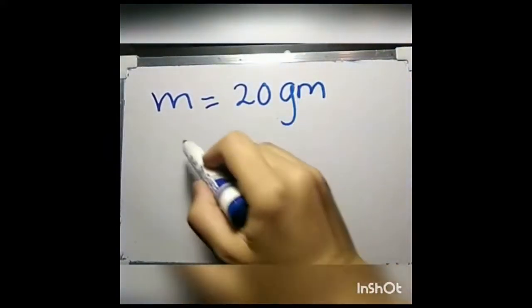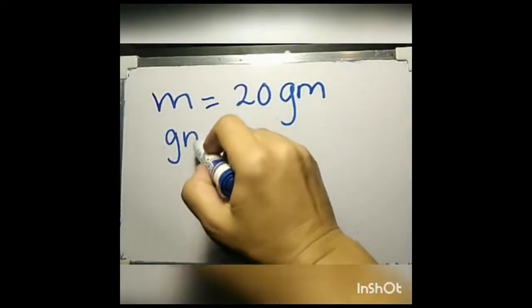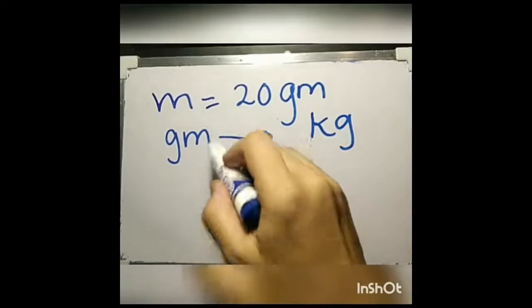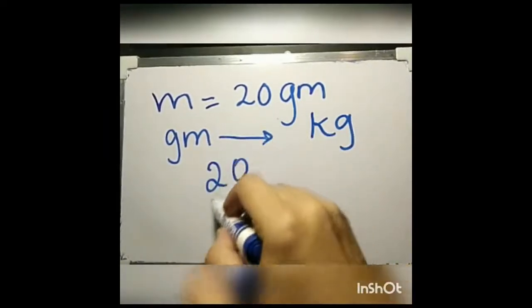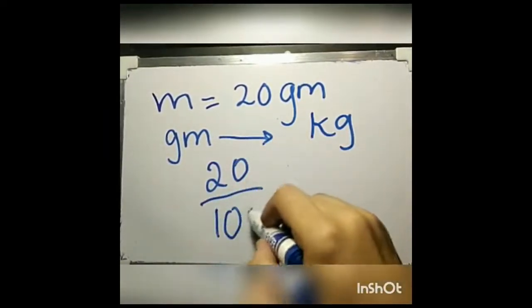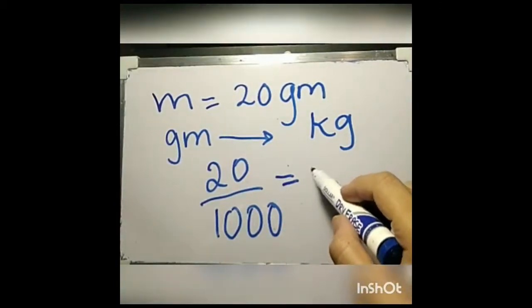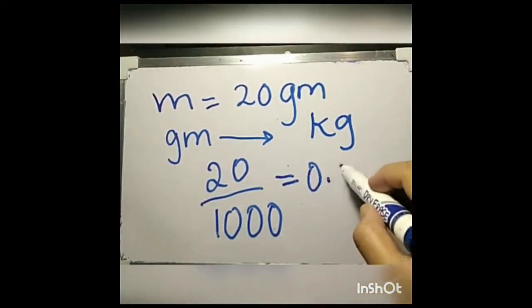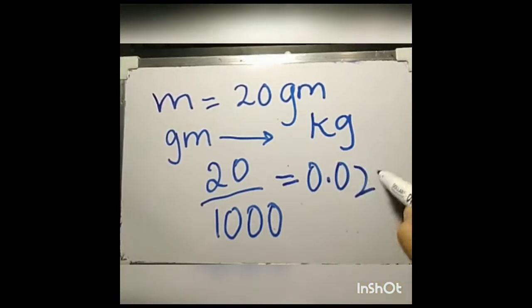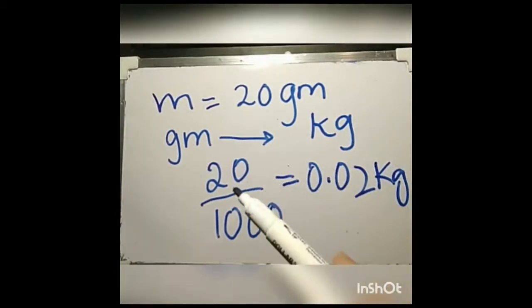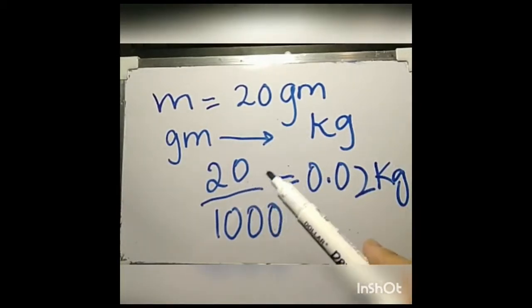When we have to convert grams into kilograms, we divide the amount by 1000. Then we get 0.02 kg. We do this because we want to make the units consistent.